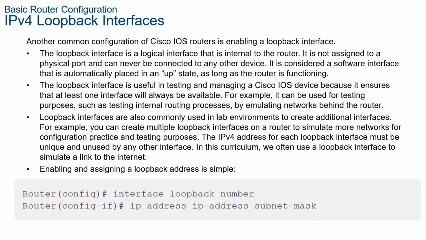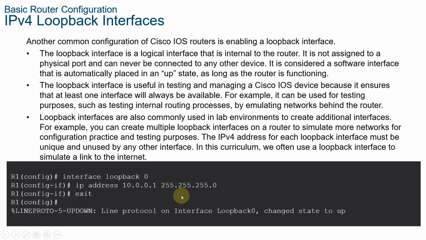The IPv4 address for each loopback interface must be unique and unused by any other interfaces. Now, in this curriculum, we often use a loopback interface to simulate a link to the internet. To configure a loopback, simply type interface loopback and the number. And then give it an IP address and a subnet mask, as shown earlier.